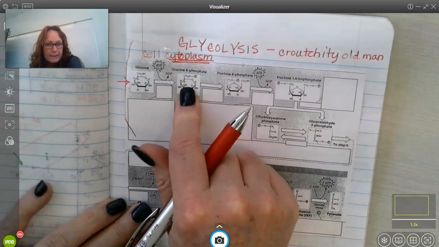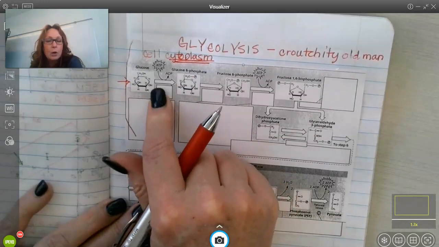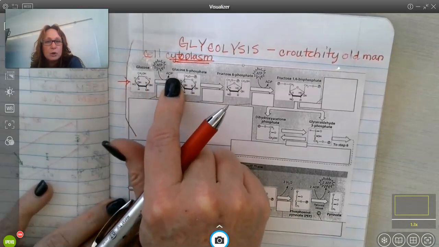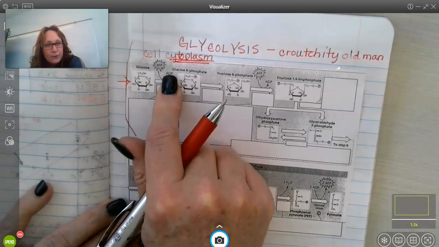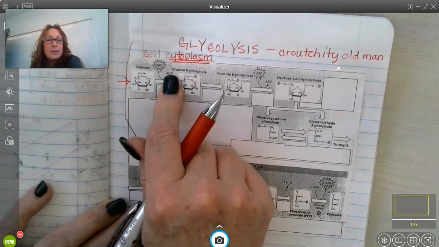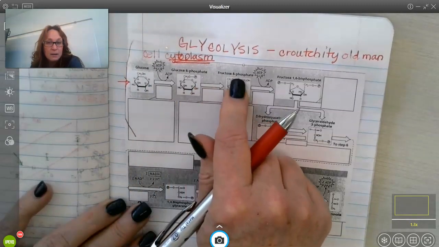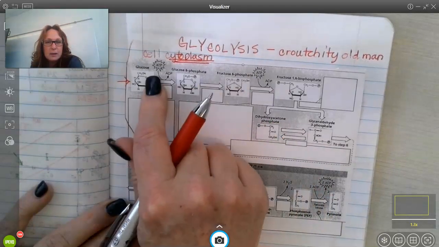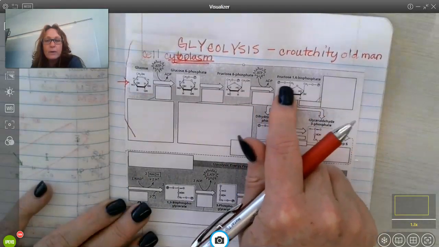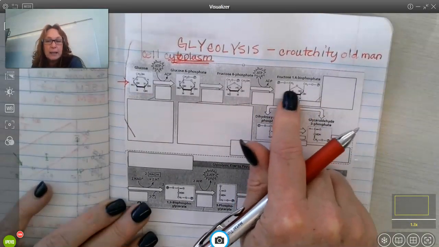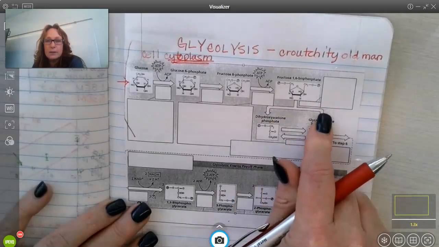Remember us talking about that? So we don't really have to know what this enzyme is, but we do need to know that at first we're going to spend ATP just to get this glucose to where it's energetically unstable enough to split.